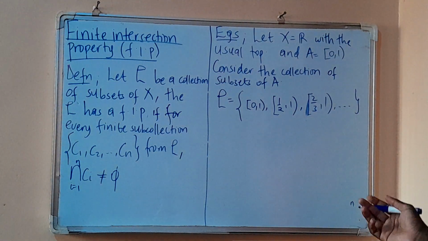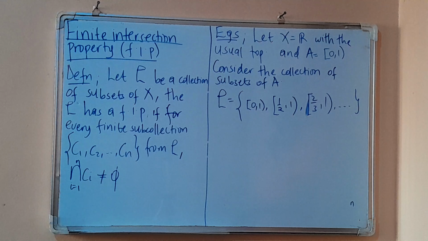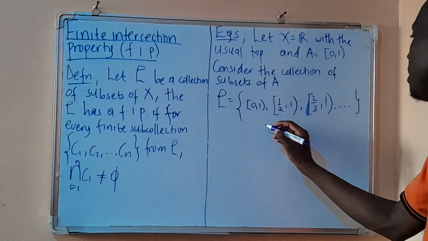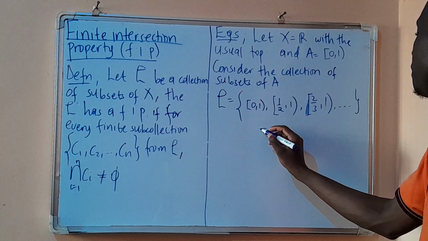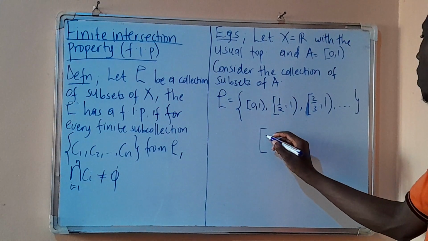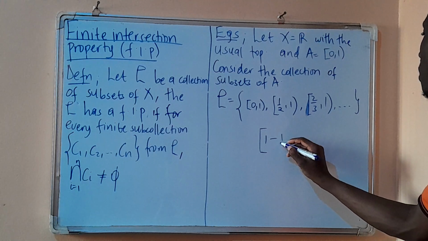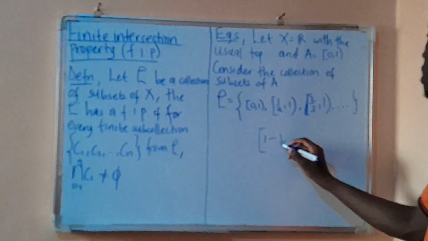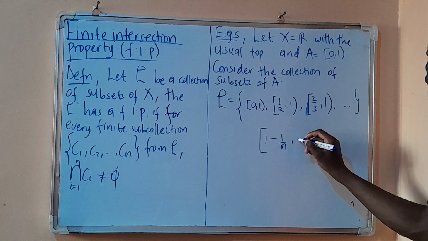How am I constructing these subsets? If you look at the way I have structured this, I'm actually considering 1 minus 1 over n, then 1.